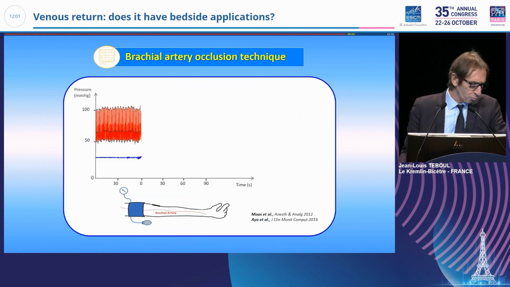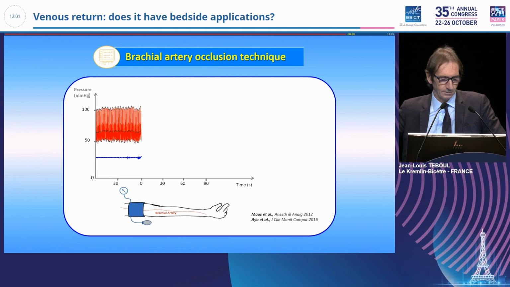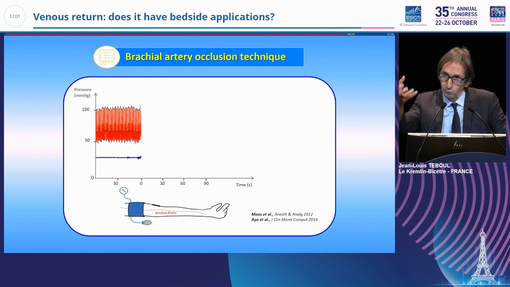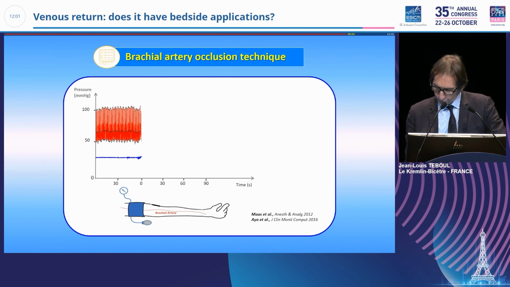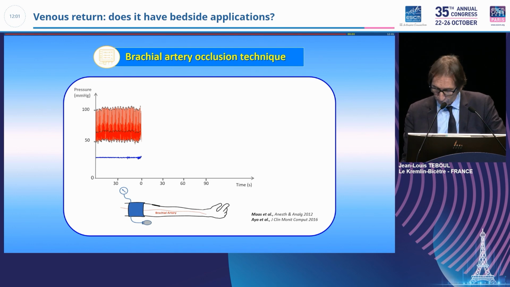For clinical practice, maybe we can use this other technique, the brachial arterial occlusion technique, using a brachial cuff and inflating the cuff in order to occlude the circulation downstream, of course.